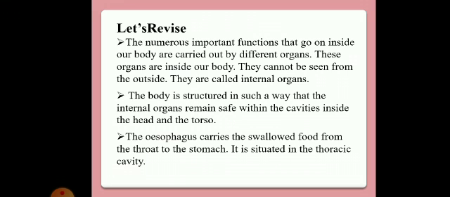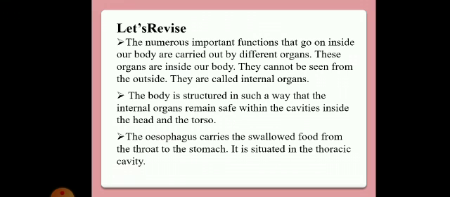Children, we have completed the lesson here. Let us revise what we have studied. The numerous important functions that go on inside our body are carried out by different internal organs. These organs are inside our body. They cannot be seen from the outside.